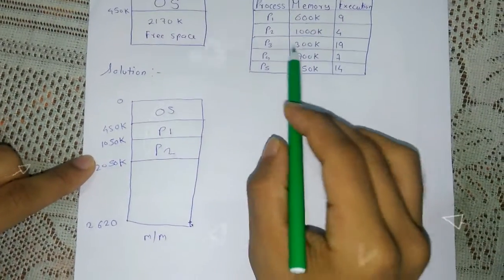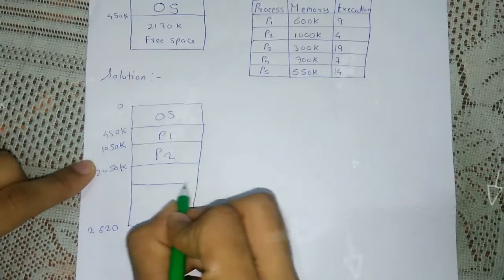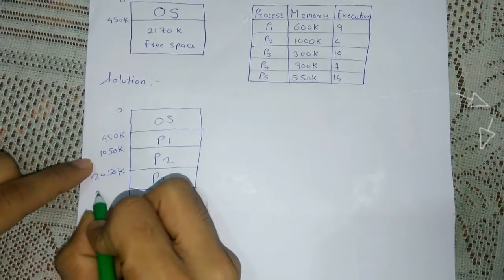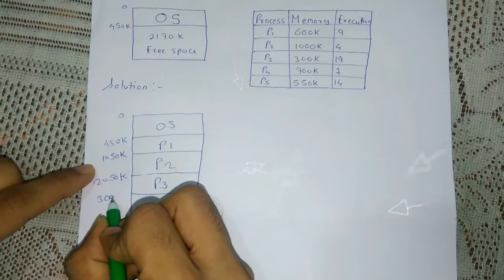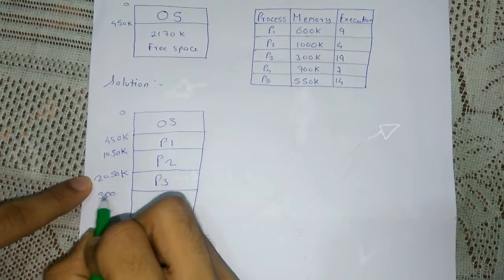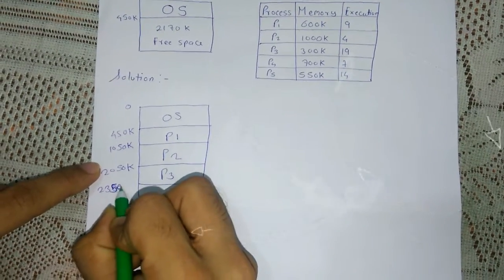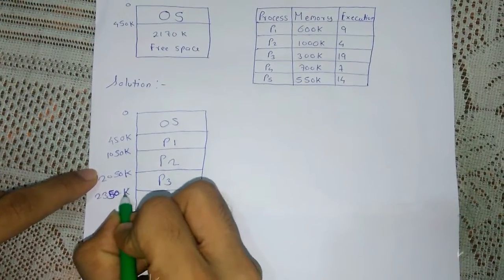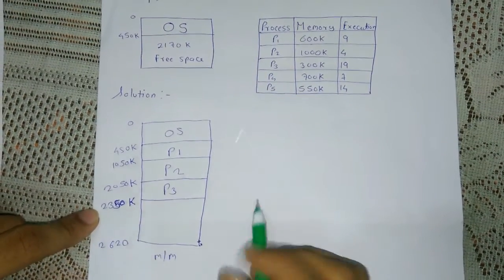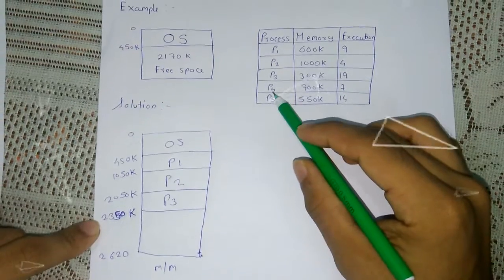Now process P3, which requires 300 kilobytes, enters. So 2050 plus 300 becomes 2350 kilobytes. Now process P4 wants to enter memory for execution.